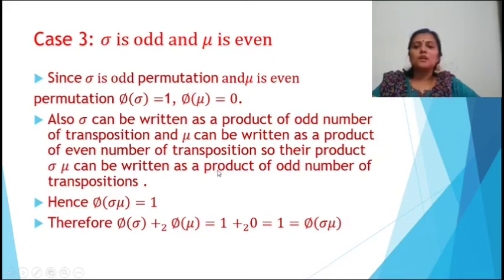So their product sigma mu can be written as odd plus even is odd, a product of odd number of transpositions. So phi of sigma mu is equal to 1. So phi of sigma addition modulo 2 phi of mu is equal to 1 addition modulo 2 0 which is equal to 1 which is equal to phi of sigma mu.